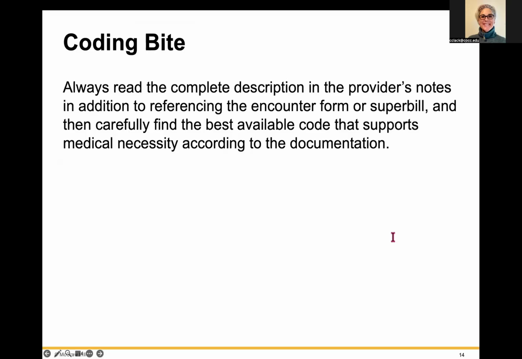This matters because a superbill might list what the office intended to do or what they usually bill for, but coding requires proof. The provider note is where you find what was done, what the provider assessed, why the service was medically necessary, and any other details that change code selection. So the best habit is to read the full note first, then use the encounter form as a cross-check, not your primary source.